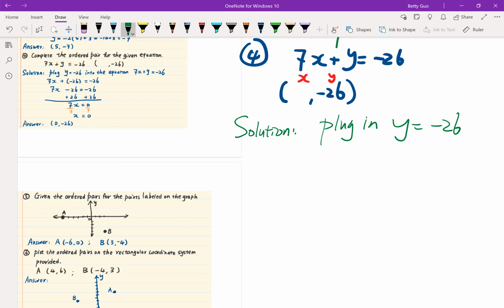Let me know what you have for x. You plug in y equals -26. You're going to solve the equation for x. And let me know what you have for x.